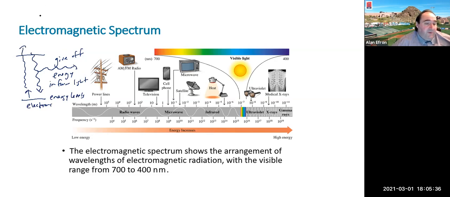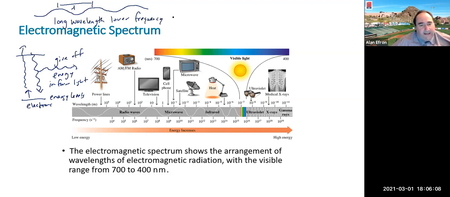There is a relationship between wavelength and energy, and a wave is just something like this. The wavelength is sometimes abbreviated by lambda. That stands for wavelength. And if we have a really long wavelength, it has a very low frequency, which is how often something passes a point in a given second.